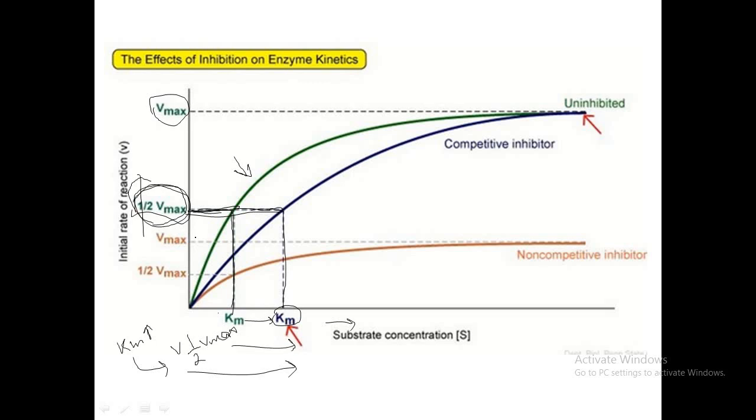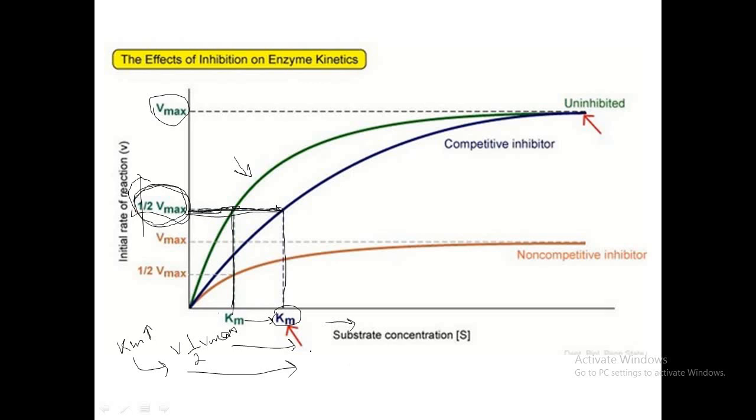However, Vmax and V0 for both graphs are the same. Vmax is the same here, and half of Vmax is also the same for this part and this part. So only one thing is changing, that is the Km.